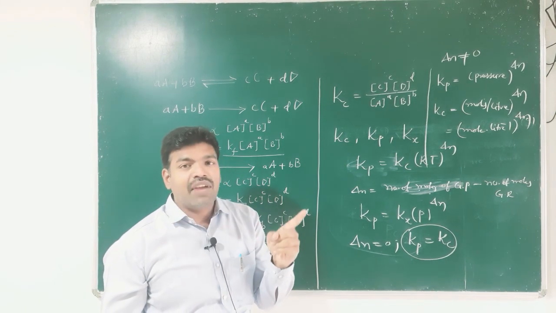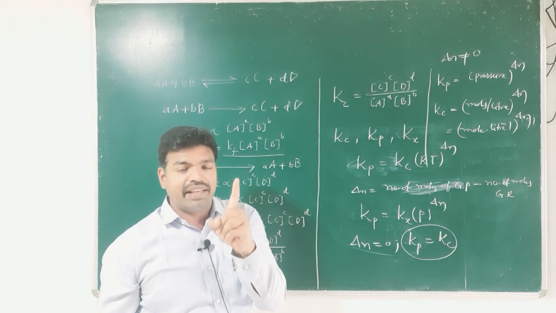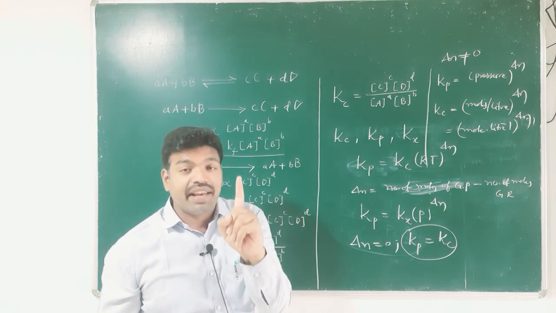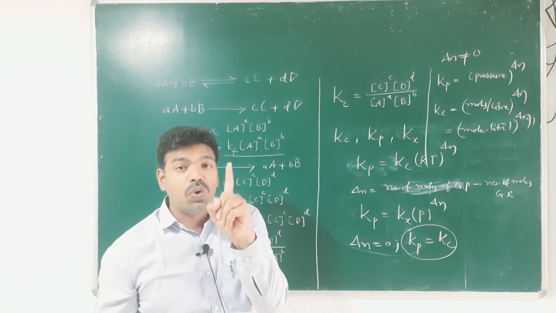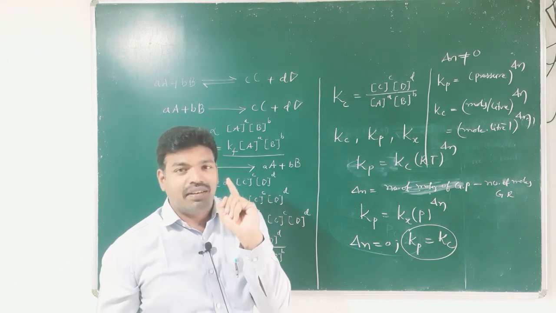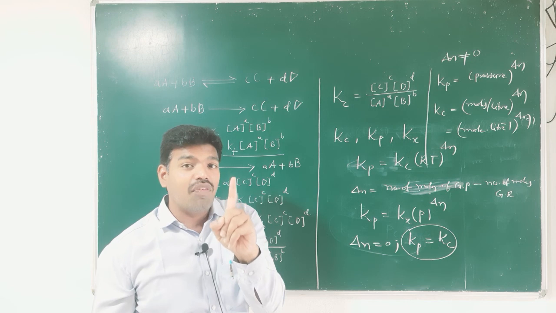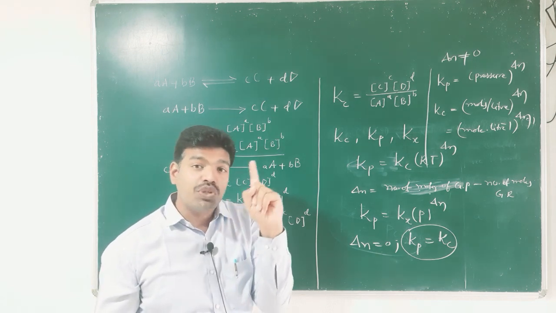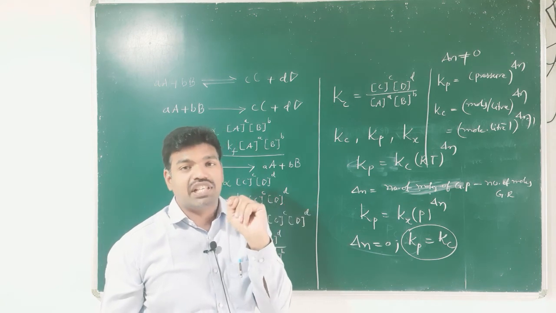One thing I want to conclude: equilibrium is established in reversible reactions carried out in a closed vessel, and we can apply the law of mass action to equilibrium, whether it is homogeneous or heterogeneous equilibrium.